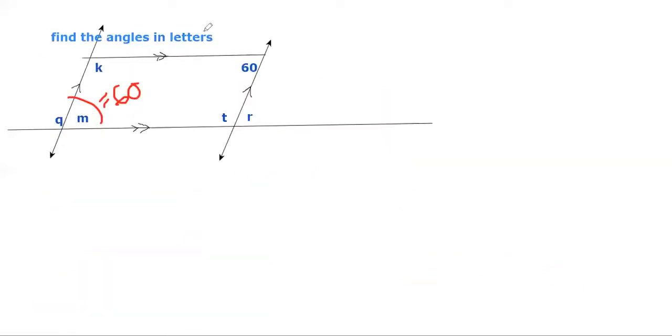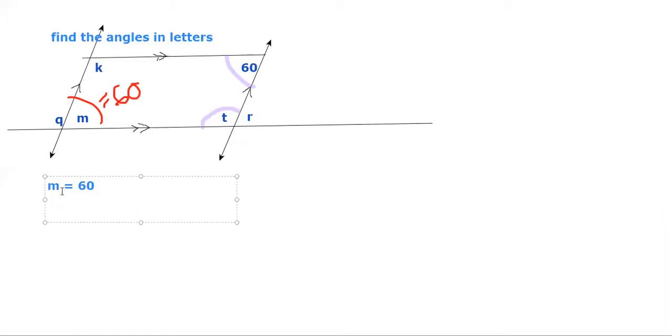Because of that property, M is automatically 60. What about Q? We can get even T. We know also that angles next to each other, this and this, add to 180. So we can easily get T. Here we know that M equals 60, that is over.